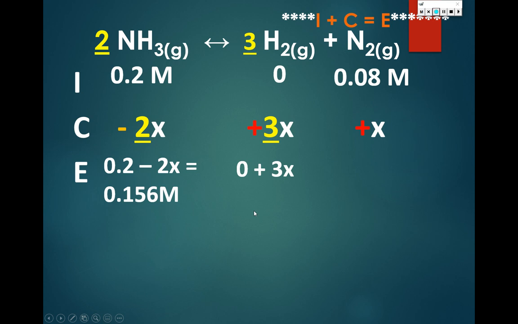So all we can write in the E line is 0 plus 3x. We don't know, without doing calculations, its concentration at equilibrium. We were not given that, only ammonia. And then for the nitrogen, 0.08 plus x. Again, we don't know anything about it at equilibrium without doing some calculations.